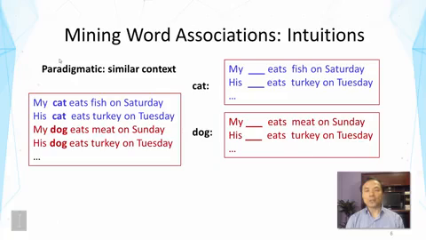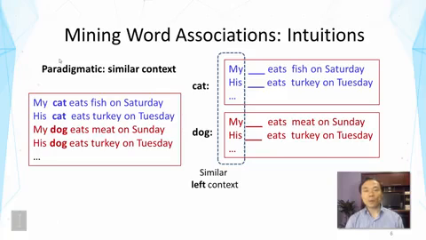So on the right side, you can see I extracted explicitly the context of cat and dog from this small sample of text data. I've taken away cat and dog from the corresponding sentences so that you can see just the context. Now, of course, we can have different perspectives to look at the context. For example, we can look at what words occur in the left part of this context.